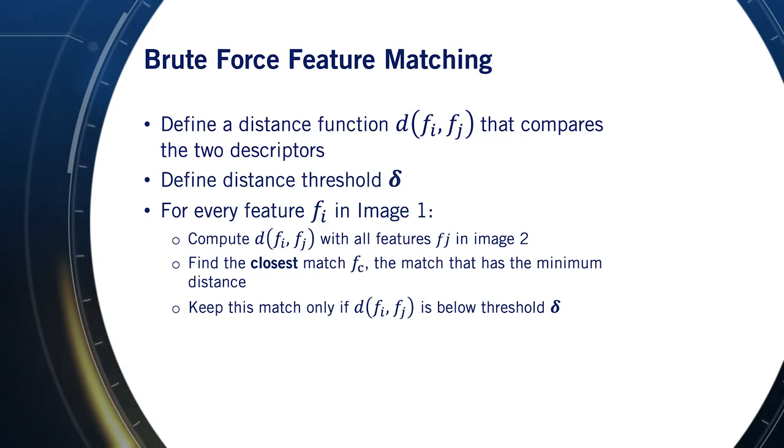We usually define delta empirically, as it depends on the application at hand and the descriptor we're using. Once again, we define our distance function to quantify the similarity of two feature descriptors. We also fix a maximum distance threshold delta for acceptable matches. Then, for every feature in image 1, we compute the distance to each feature in image 2 and store the shortest distance or nearest neighbor as the most likely match.